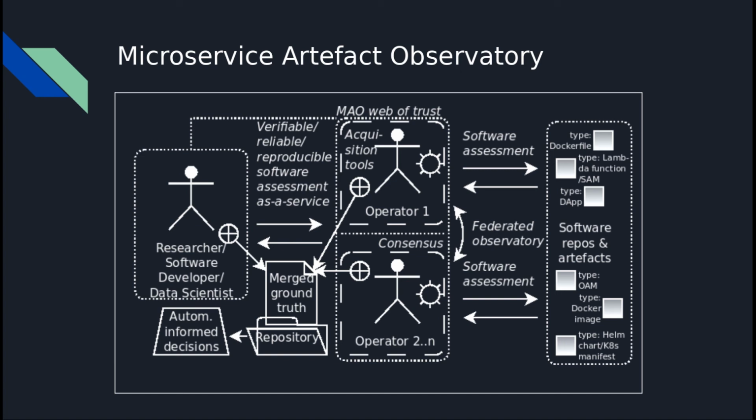But the data can also be assessed by data scientists or researchers to find out evolution, trends, as well as general characteristics of software artifacts that are used in cloud environments and in other environments where microservice-based artifacts play a role.